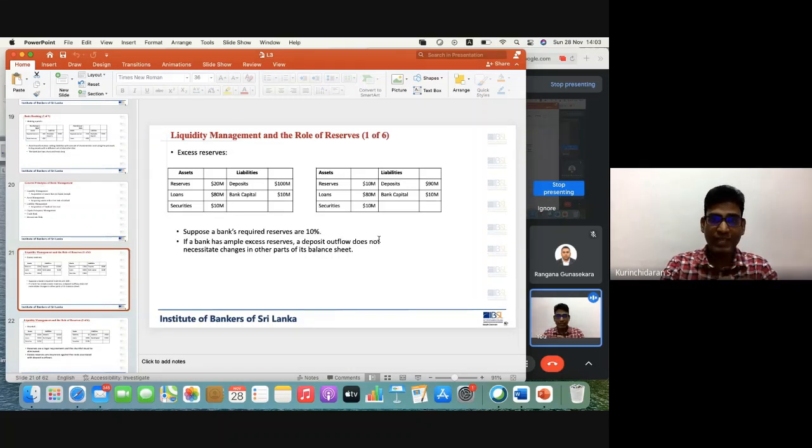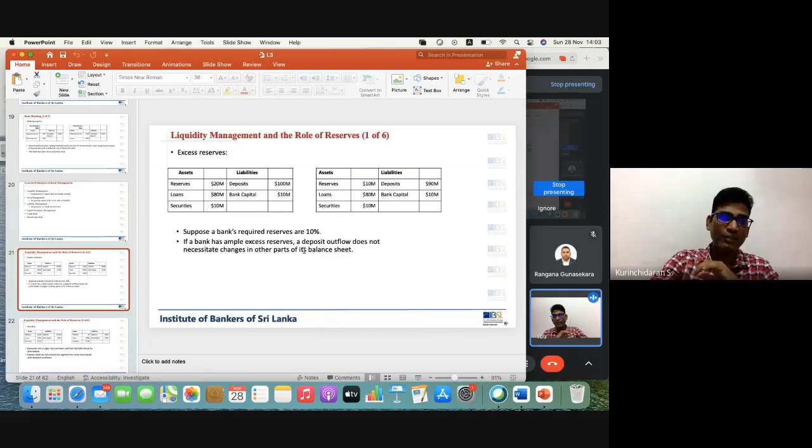Always we have to maintain the required reserve. So if the minimum is 10%, then definitely you have to maintain a little bit of excess. So how much? It's up to the bank. Suddenly, if a customer withdraws money, you still have to maintain your reserves.